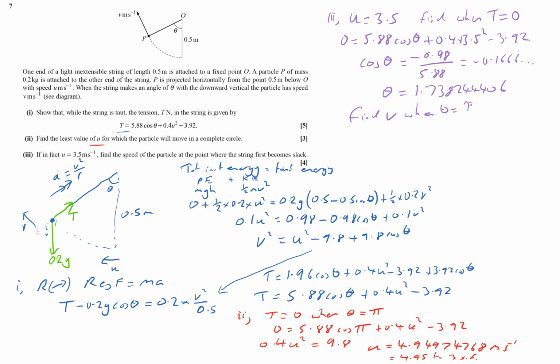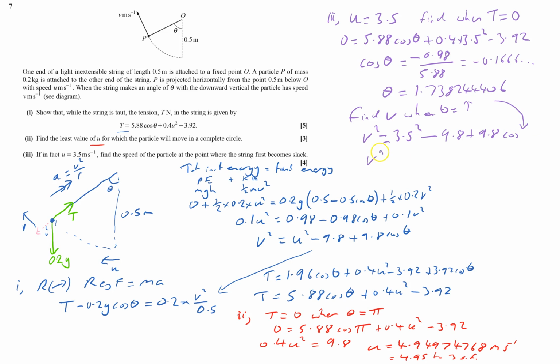And I use my formula, which is here, which is v squared from the first part. So v squared equals u squared, which is 3.5 squared, minus 9.8 plus 9.8 cos of that angle there.